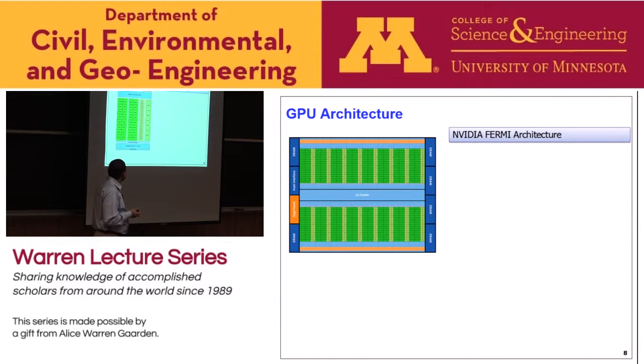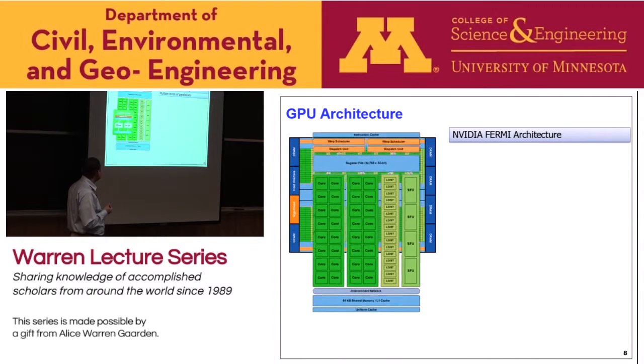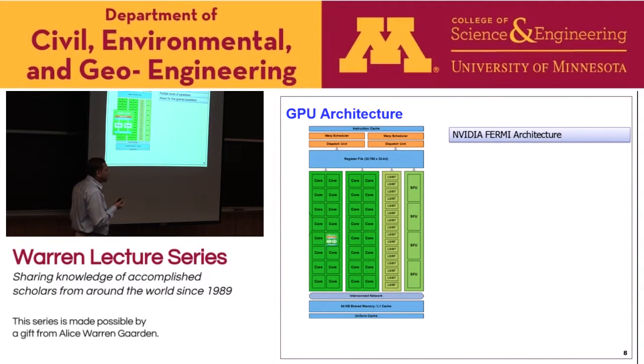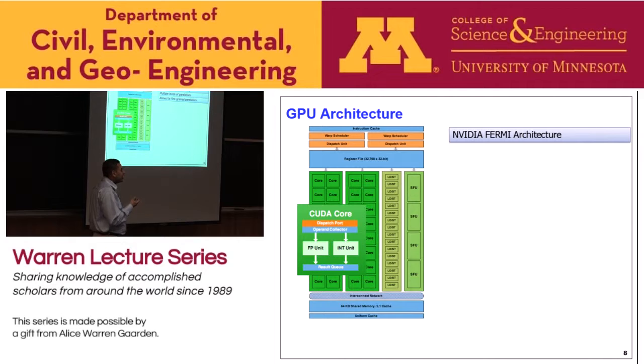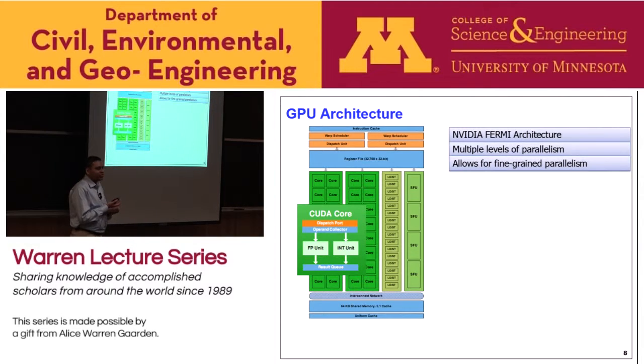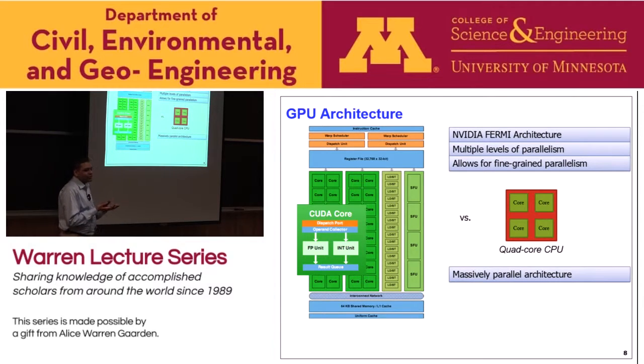As you can see, there are multiple levels of parallelism in this system, and what that means is that you can define very fine-grained parallel algorithms which take advantage of these multiple cores. A commercial top-of-the-line GPU nowadays has around 3,000 cores. When you compare that with CPUs, you have only 4 or 8 cores on a single node. So that tells you the level of parallelism that you might have between the two.